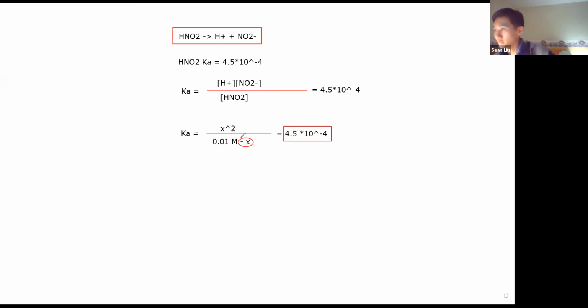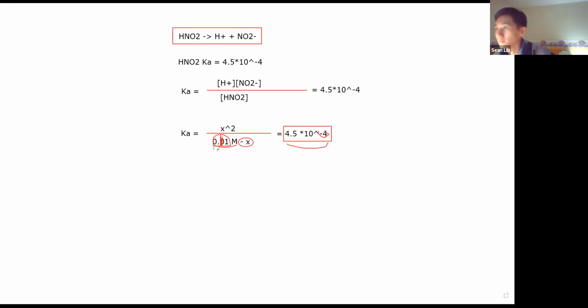A good metric for when you're able to remove it is if the power of 10 between these two differs by more than 3. I think that's probably the safest. In this case, you have 10 to the negative fourth and 10 to the negative second, which differs by 2, so you probably want to keep the minus x. Let's say this is 1 molar, for example.